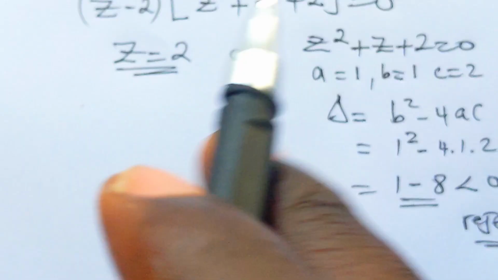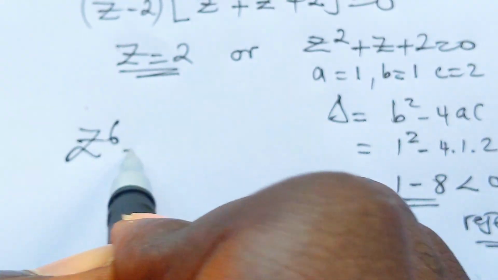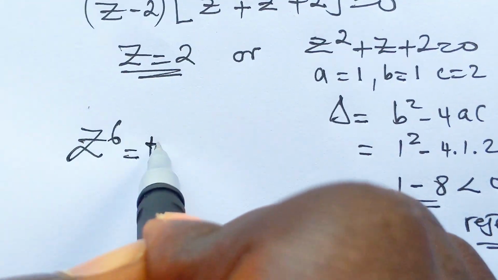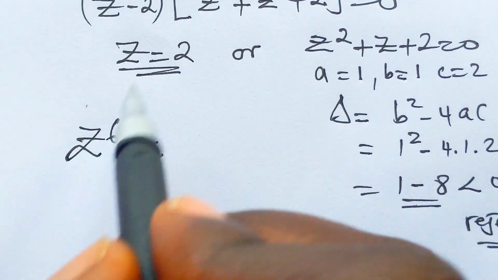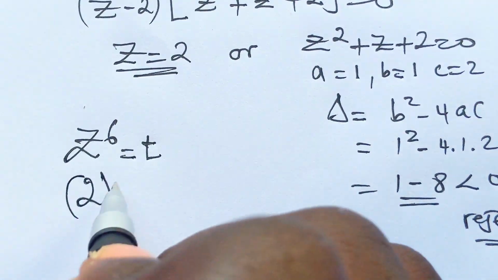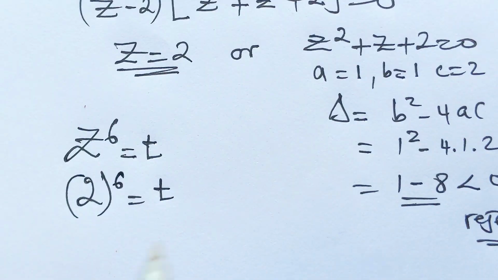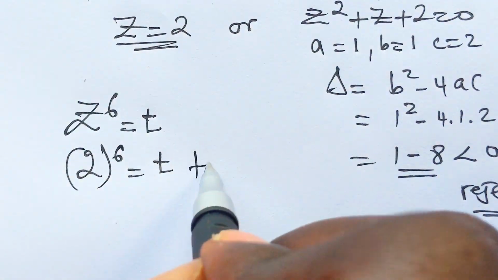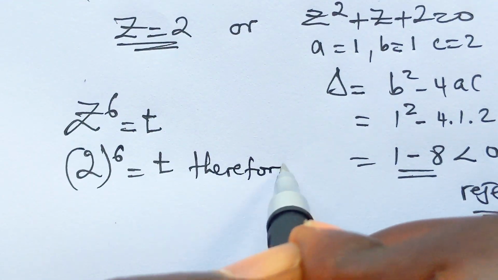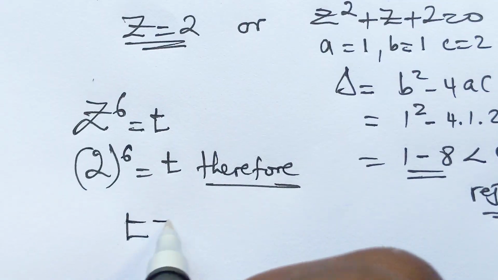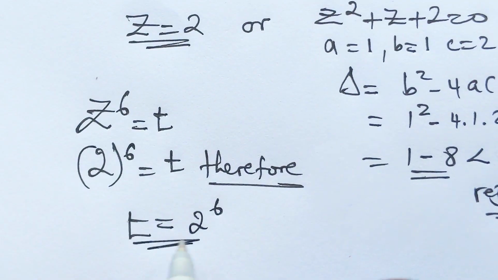We have seen that z to the power 6 is equal to t, and the value of z is equal to 2, then 2 to the power 6 is equal to t. Therefore t is equal to 2 to the power 6.